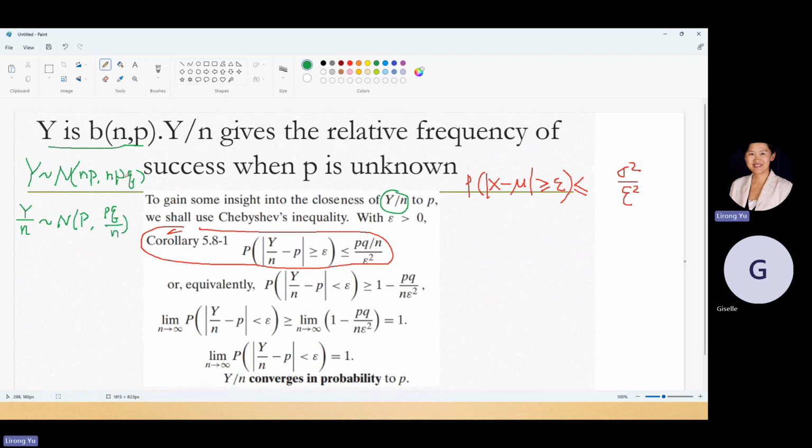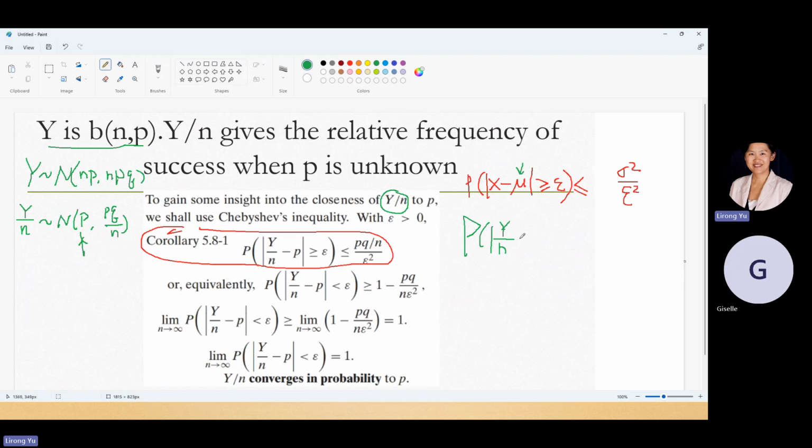This is the difference between applying the central limit theorem to the summation and applying it to the mean. So if you are applying this probability for the binomial distribution, now we have Y over n as our variable, and the mean is p instead of mu.